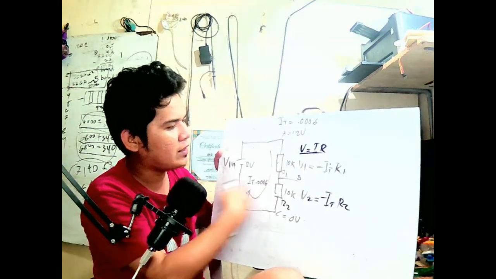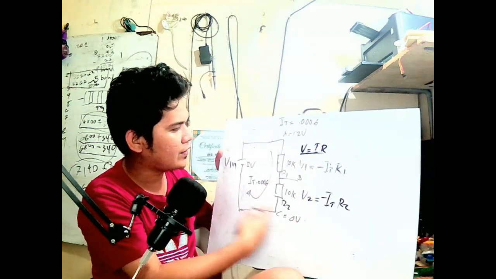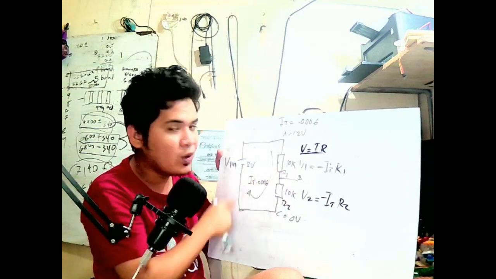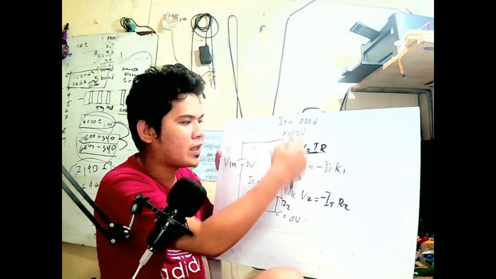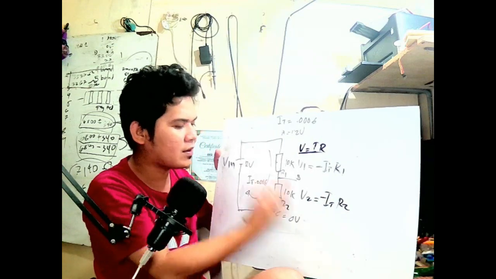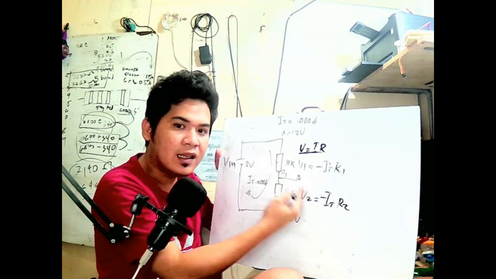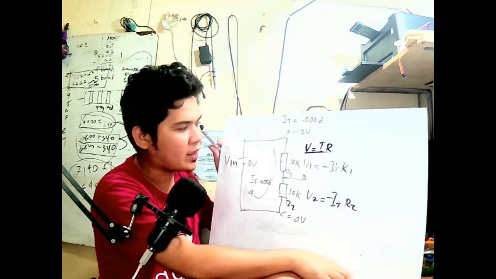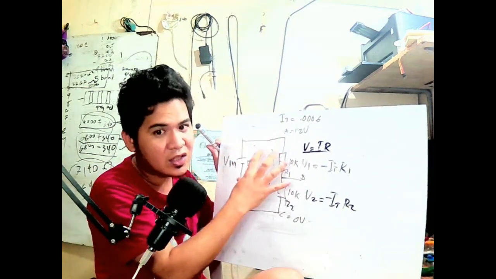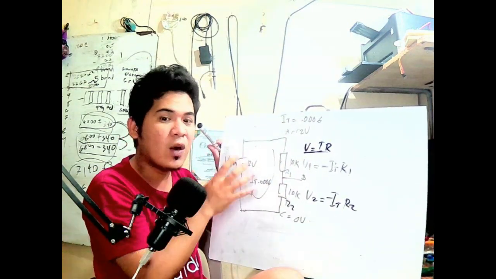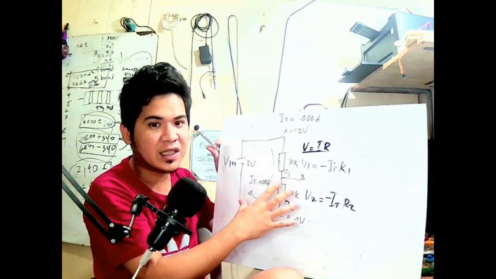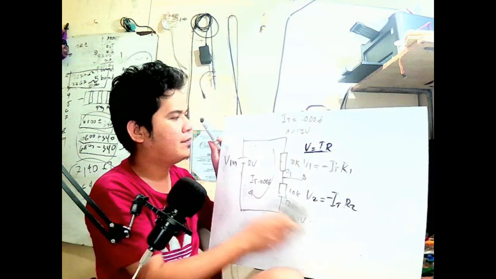Okay, if we calculate those things, like for example, pag sinabi kong V1, it means I total times R1. If I said V2, I total times R2, which is negative sila kasi opposed sila or voltage drop. So I can change or gagawa ako ng circuit equivalent ng buong circuit na to para mas lalo maintindihan natin.